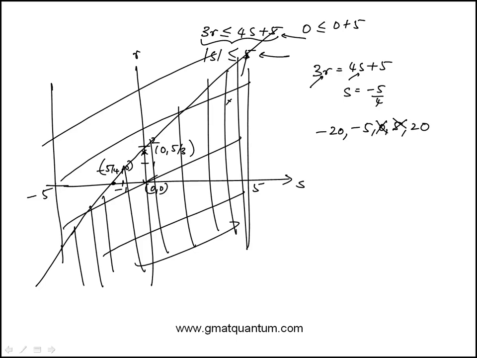Minus 5, again, sort of here. If I choose something for r, minus 5 would also be here, so that one is out. Minus 20, again, down here, and we're left with 20, which would be way out there, and that's going to go beyond that.